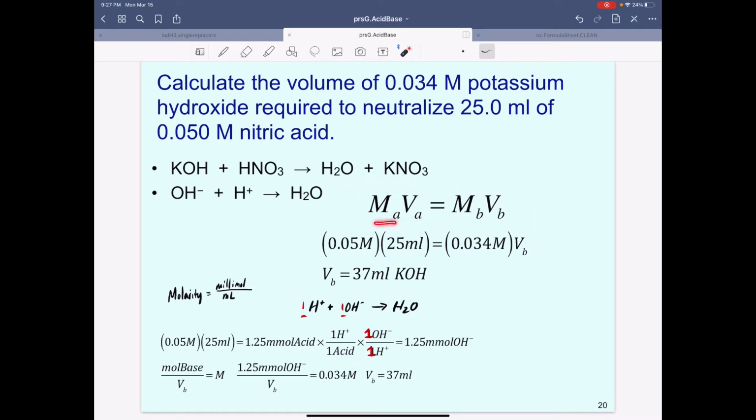The molarity of the acid times the volume of the acid, which is of course moles or millimoles, and upon neutralization that will be equal to the molarity of the base times the volume of the base, or the moles of the base. And so all the same math is down here, leaving out the 1-to-1 ratios, and so we can simply solve for the volume of the base as 37 mL.